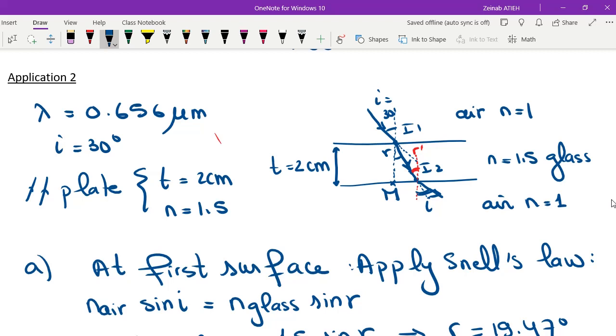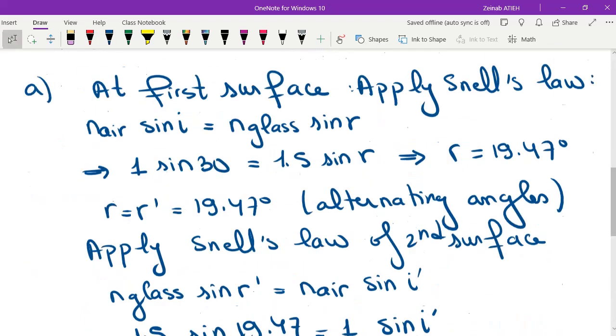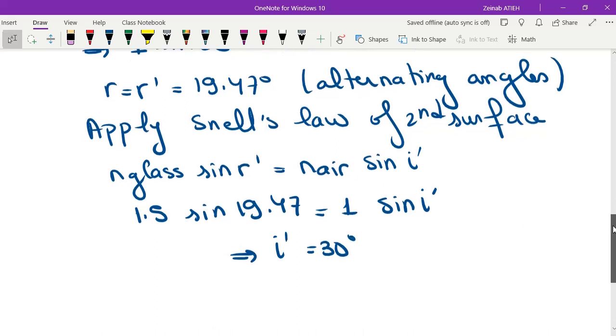I will use this triangle, R M I2. In this triangle, tangent R equals opposite over adjacent. The opposite is MI2 and the adjacent is T. I have R, so I can find MI2.